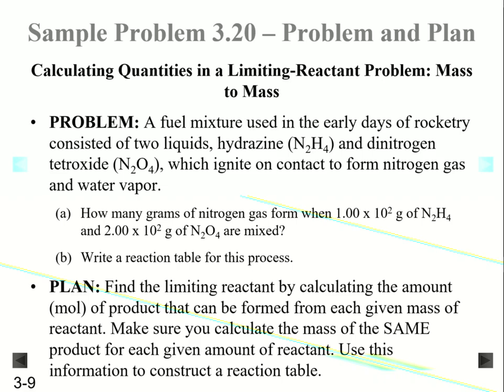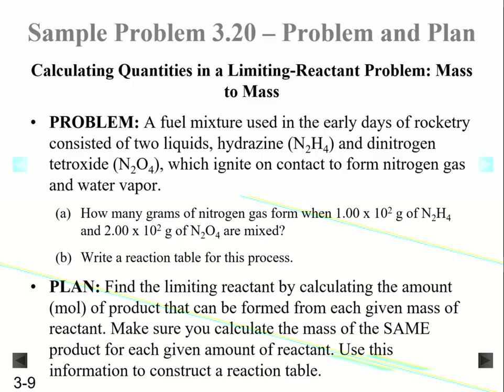So from our problem in part A, we're told how many grams of nitrogen gas form when 1 times 10 to the 2 grams of hydrazine and 2 times 10 to the 2 grams of dinitrogen tetroxide are mixed. So that's our first part of the problem. And then Silverberg asked us to write a reaction table for this process. So let's look at the plan that text lays out.